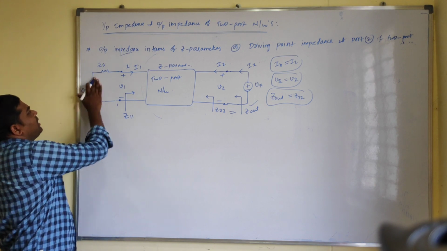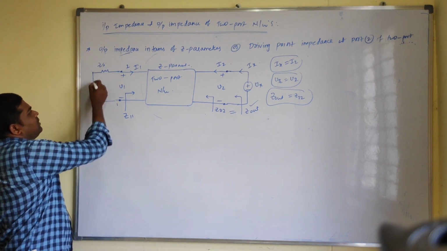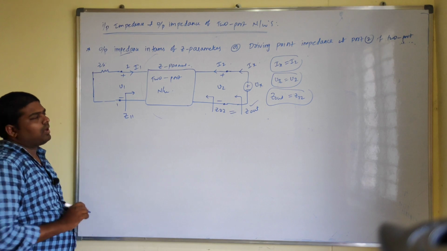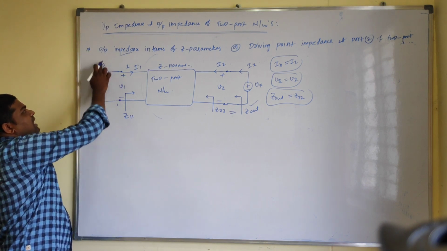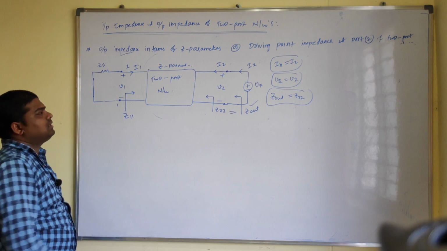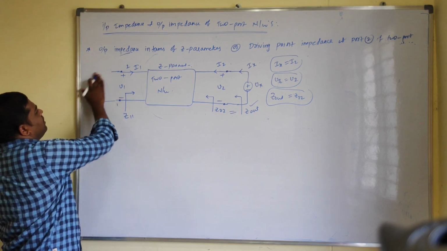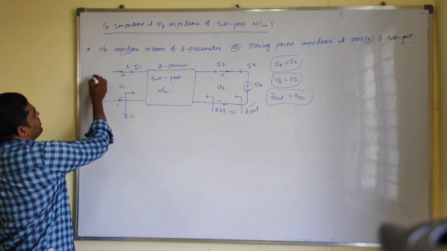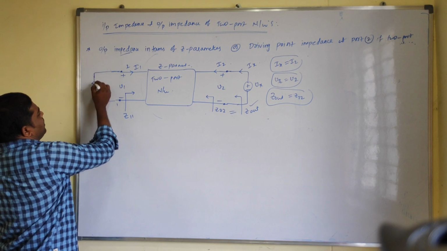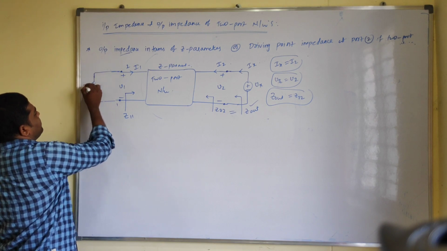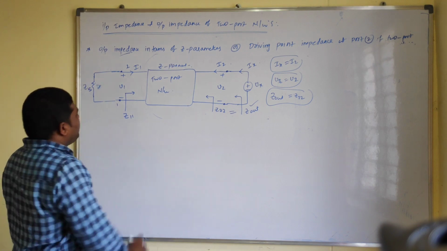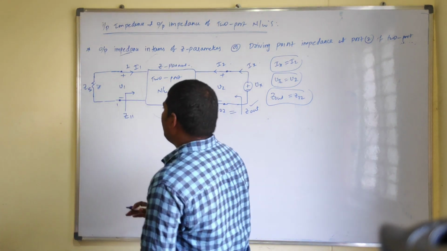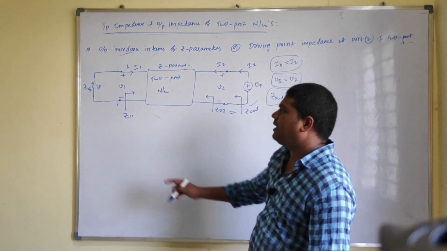Then what you get is a short circuit. From this point of view you have only one single element, that is Zs. I can redraw the circuit like this. This is your Zs, right?